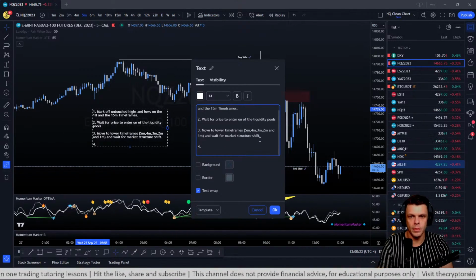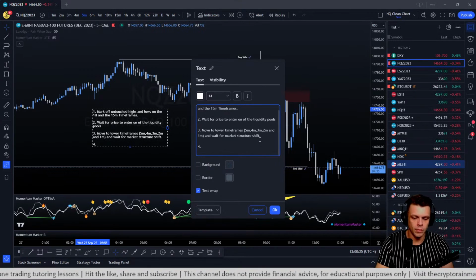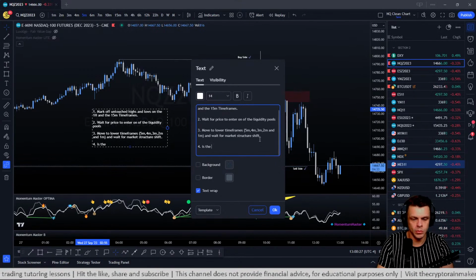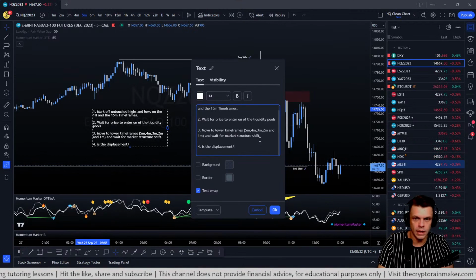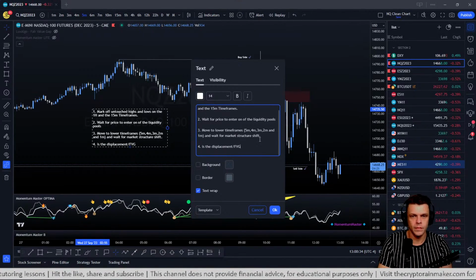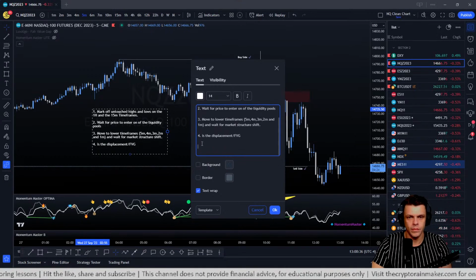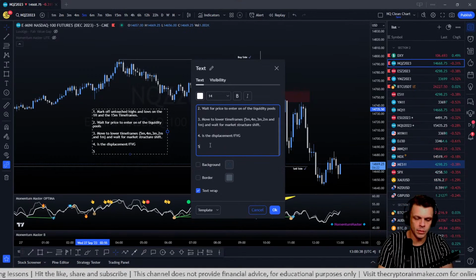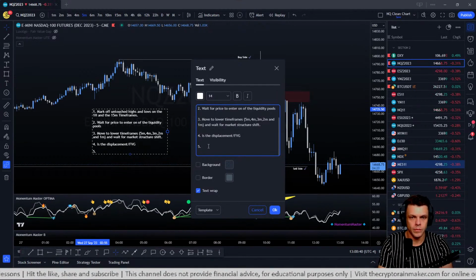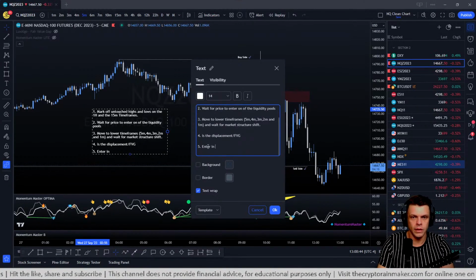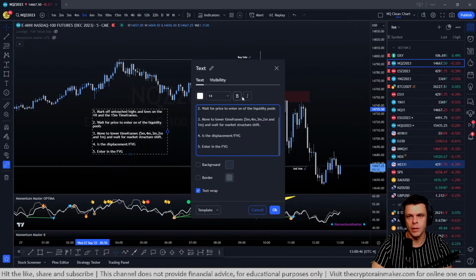Then the next step is displacement slash fair value gap. And then the next step is enter in the fair value gap.